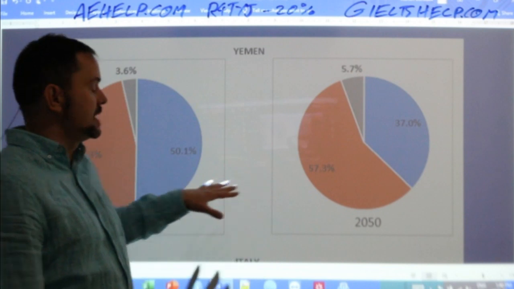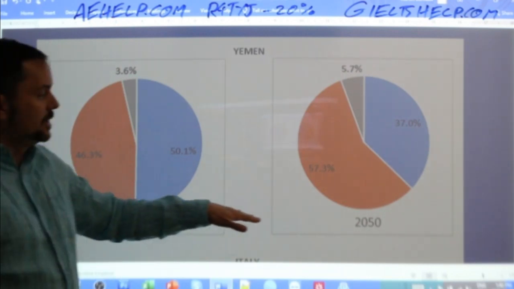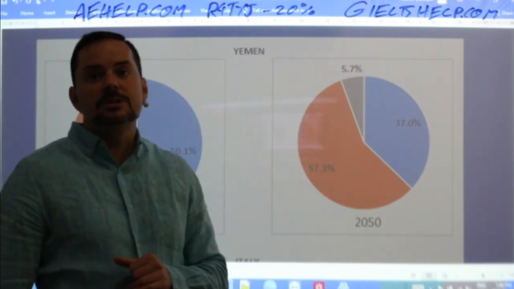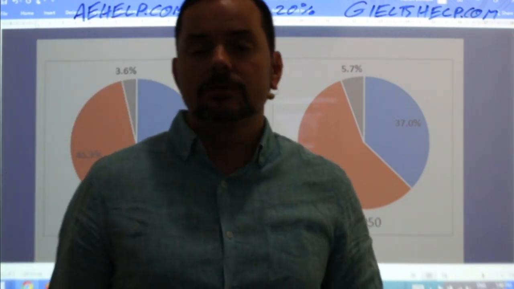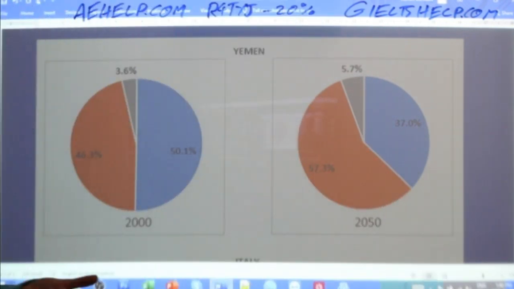So a lot of students will write this. They'll say the population of Yemen is increasing from 2000 until 2050 to 57.3%. You can't do that. You can't say that the population of Yemen is increasing.